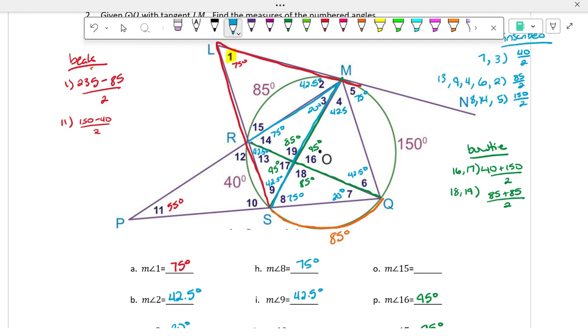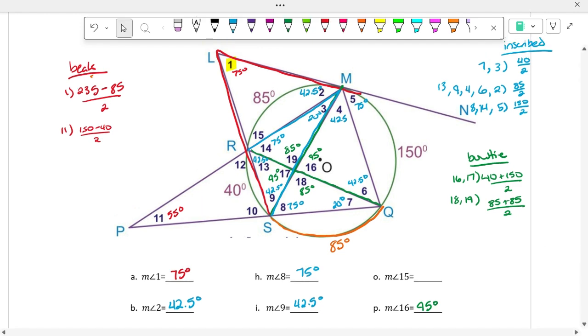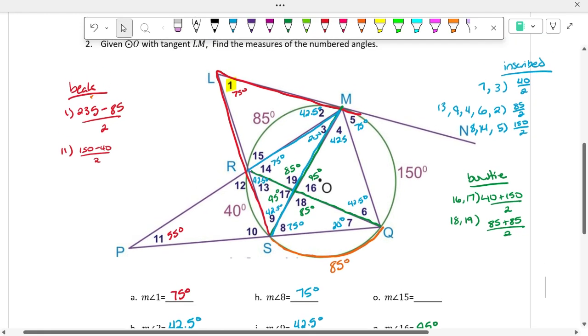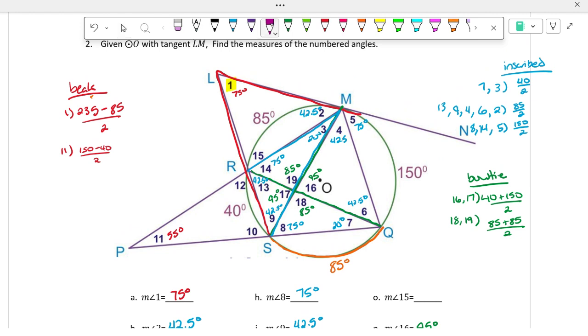So for 15, how do you think I would find 15? Remember, we use different shapes and different other angle properties to find them that are not just circle properties. A triangle, that'll work. So we can find 15 through the triangle. In other words, I add up 75 and 42.5, subtract it from 180.